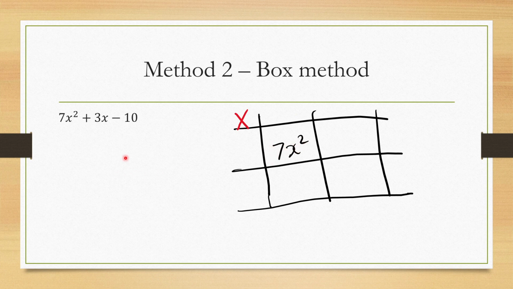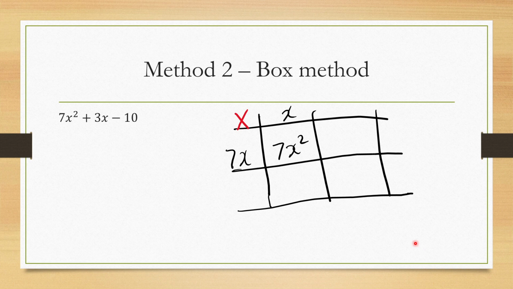The factors of that value are 7x and x, because this side multiplied by this side gives the answer here. So that's how the box method works.